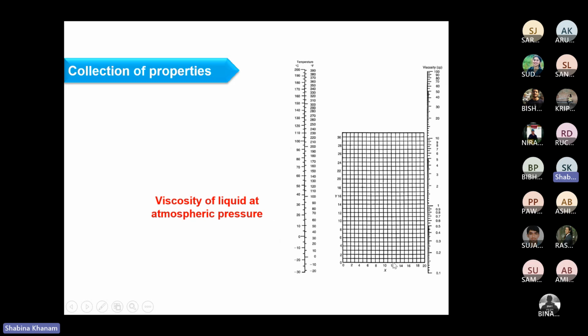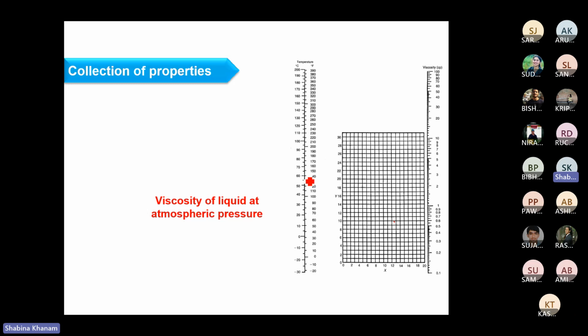Okay, so you can see 12.5 over here, and 10.9 somewhere here you will have the value. Somewhere here you can locate this, and average temperature if you are considering, that is 140 for benzene.